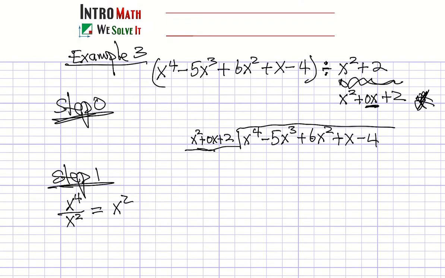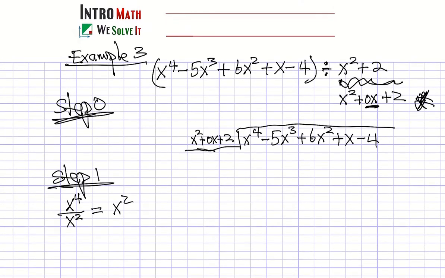Okay, see, we did that, right? And then we do our multiplication. We use what we got to multiply this thing here: x raised to the power 2 plus, we still keep our 0x, plus 2. You multiply that out the legal way: x raised to the power 4 plus 0x raised to the power 3.